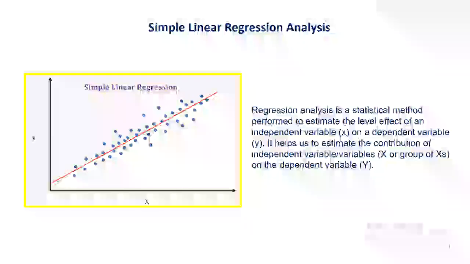For example, let's say x is independent and y is dependent. For revenue, y is revenue and x is the number of sales. If you have 100 data points and plot them out, because it's two-dimensional, you can easily see how your data points are, and if you draw a line, it is nothing but a straight line.